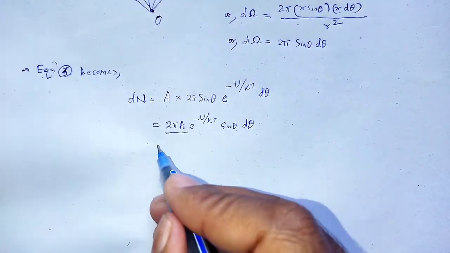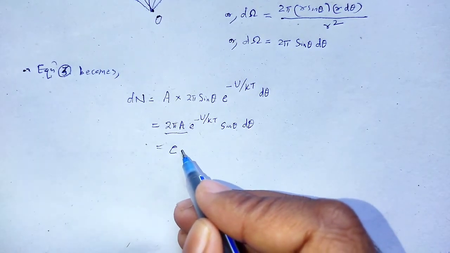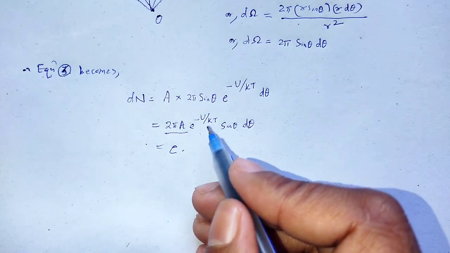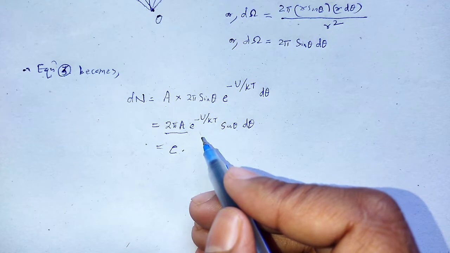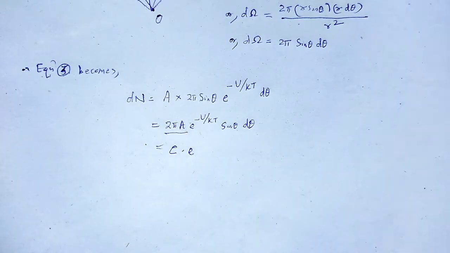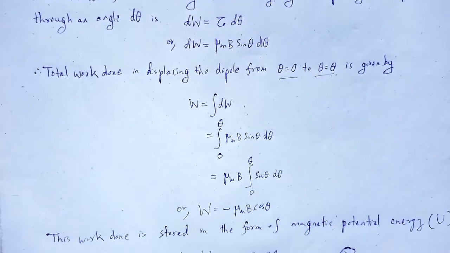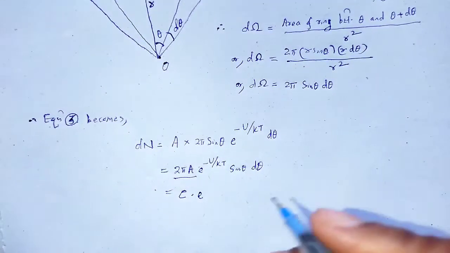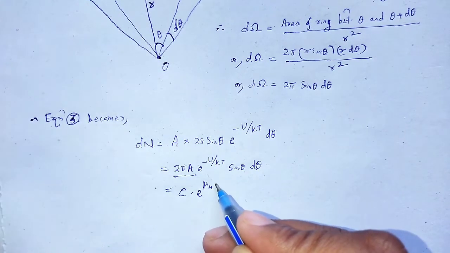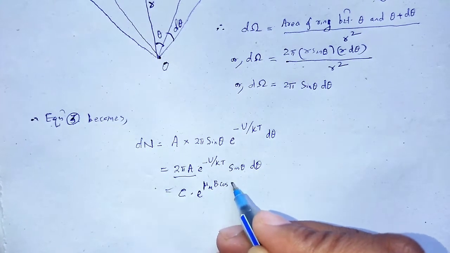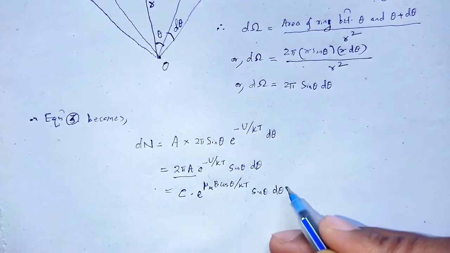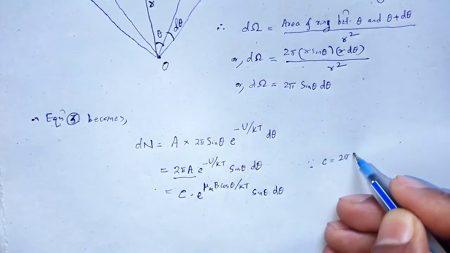Let 2 pi a is equal to c. e to the power, in place of u we substitute its value as minus mu m b cos theta, minus minus plus mu m b cos theta divided by kt, sin theta d theta, where we put c is equal to 2 pi a.